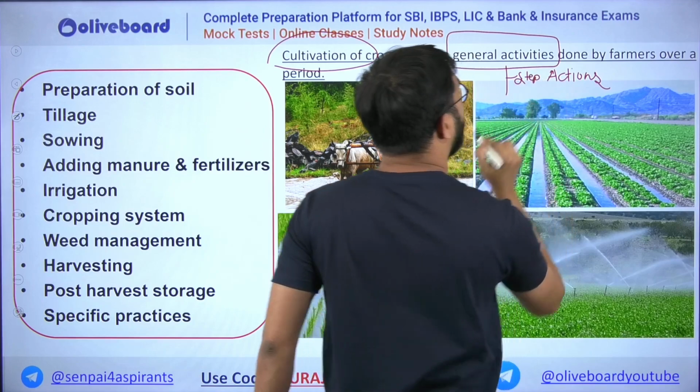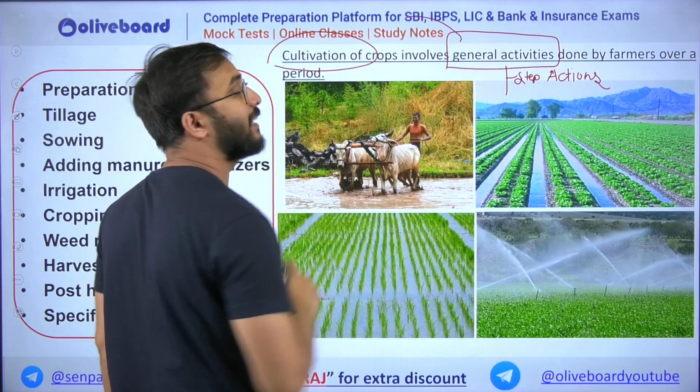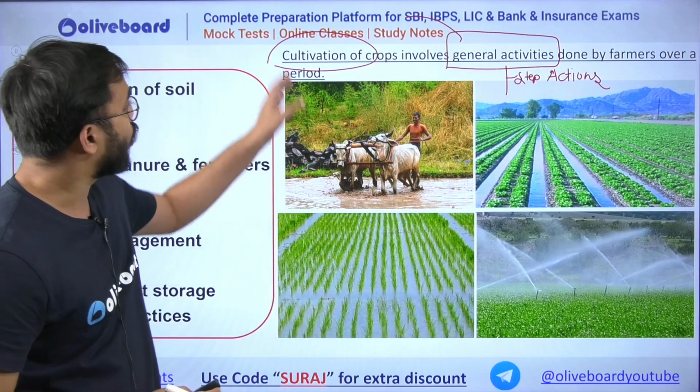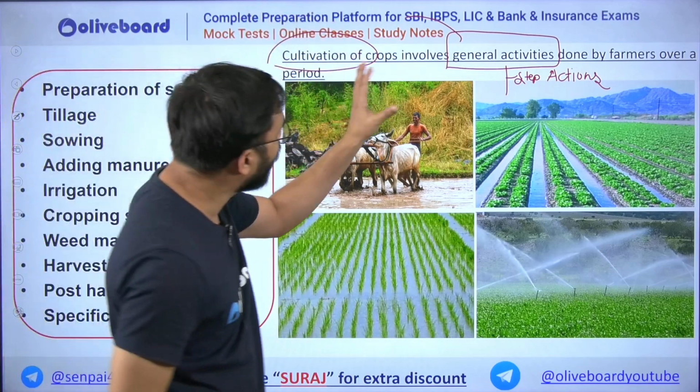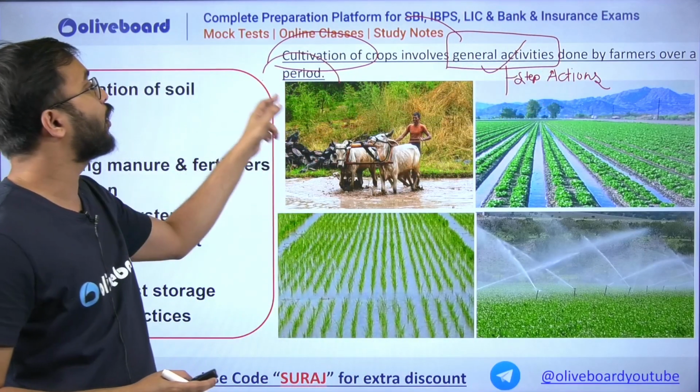All these things can be considered as your agricultural practices. So cultivation of crops involves general activities which are done by a farmer over a period of time.